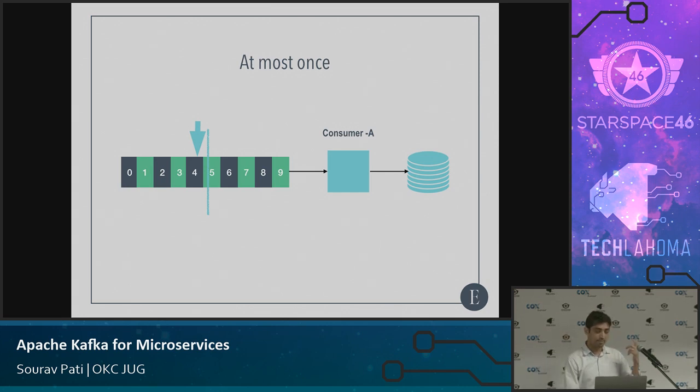In that case, these 3 messages, 0, 1, 2, are processed to the database, and the last 2, 3 and 4, are actually missed, because in at most once, the moment the consumer receives those 5 in a batch, Kafka immediately commits, saying my commit offset is 4, I have received these messages. And 3 and 4 didn't go to the database, so you actually missed these 2 messages.